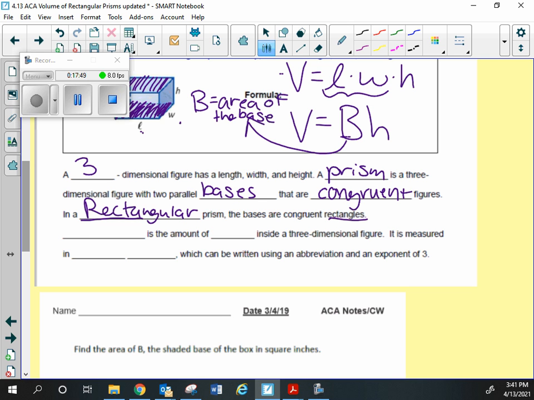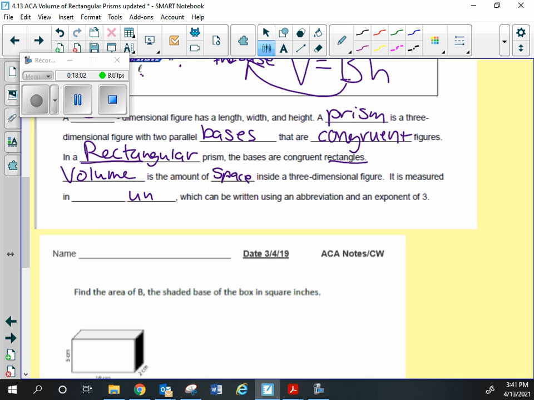So again, the volume is the amount of space inside a 3D figure. It is measured in cubic units, not square units. Let's figure that out. If my length, width, and height were inches times inches times inches, that would be the same thing as inches to the power of 3.